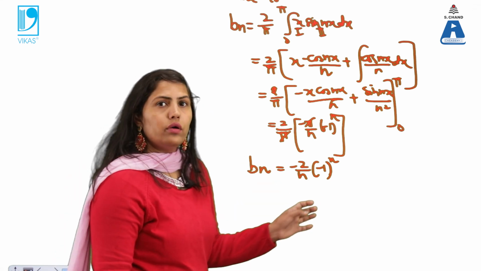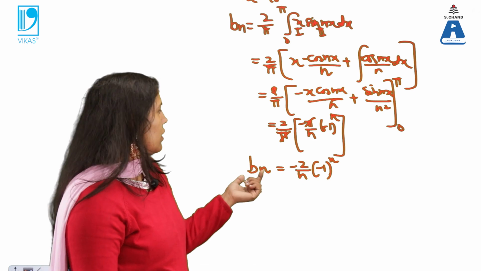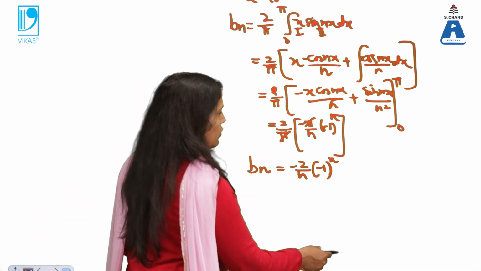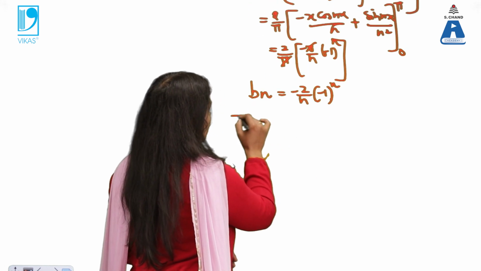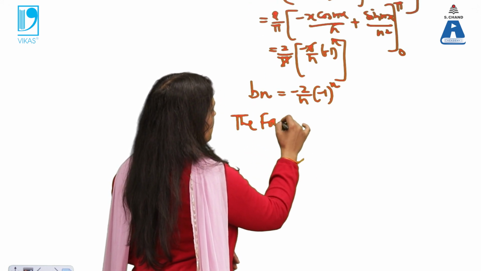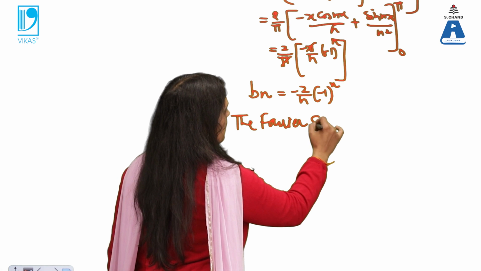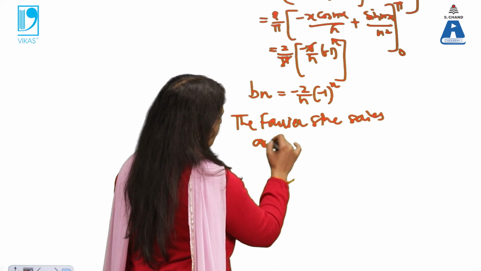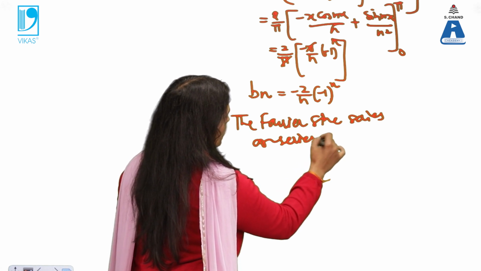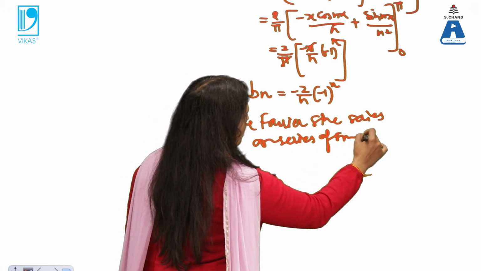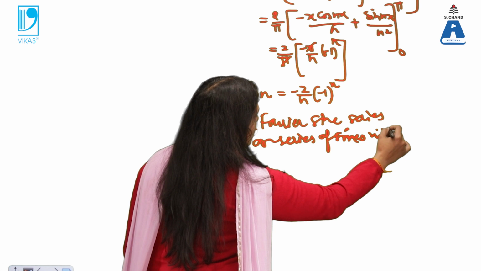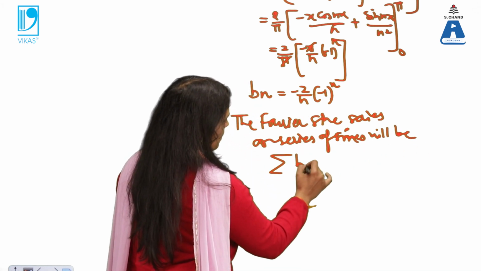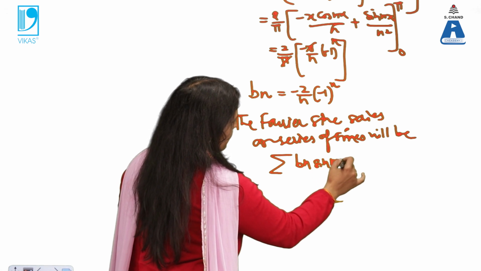Anyhow, the question for this will be short, because for an odd function, only Bn we are supposed to calculate. Now I am writing the Fourier sine series, or series of sine, which will be summation of Bn value sin nx.